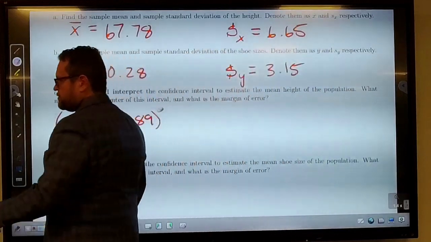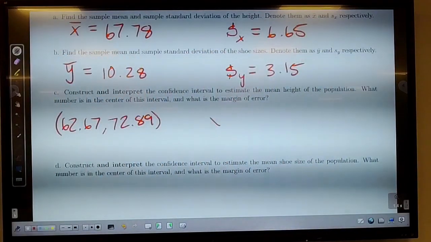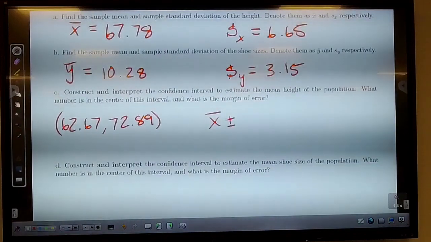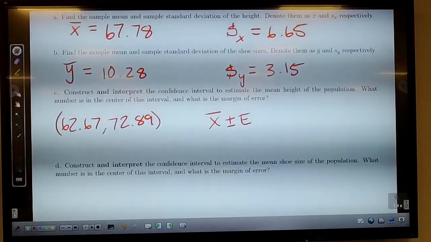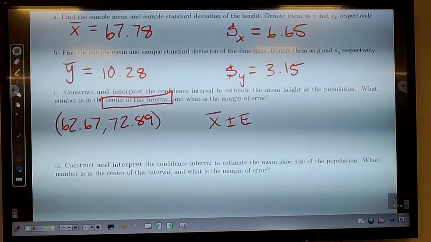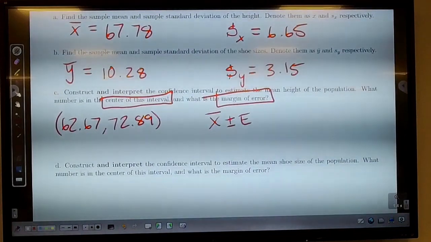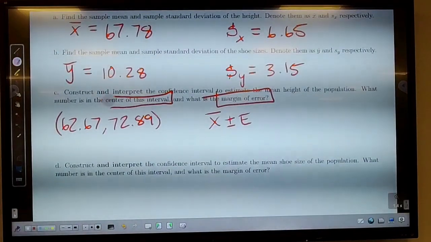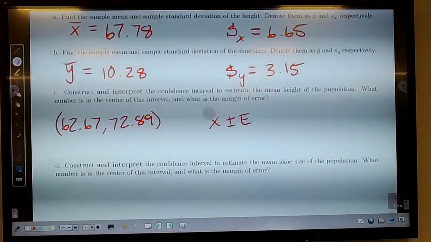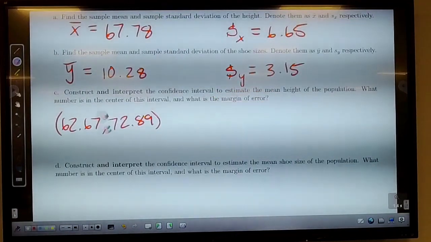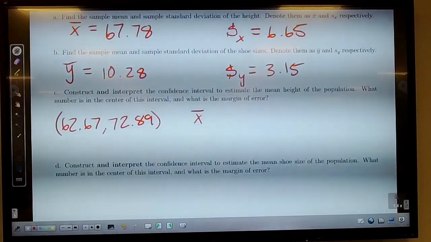X bar plus or minus the error. It is quite literally the sample mean plus or minus the error. That is where these numbers came from. Every single time you construct a confidence interval, the middle of it is the sample mean.